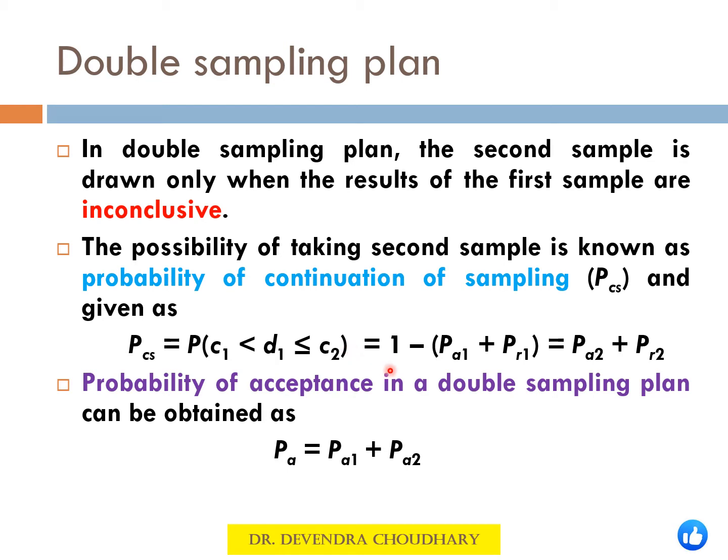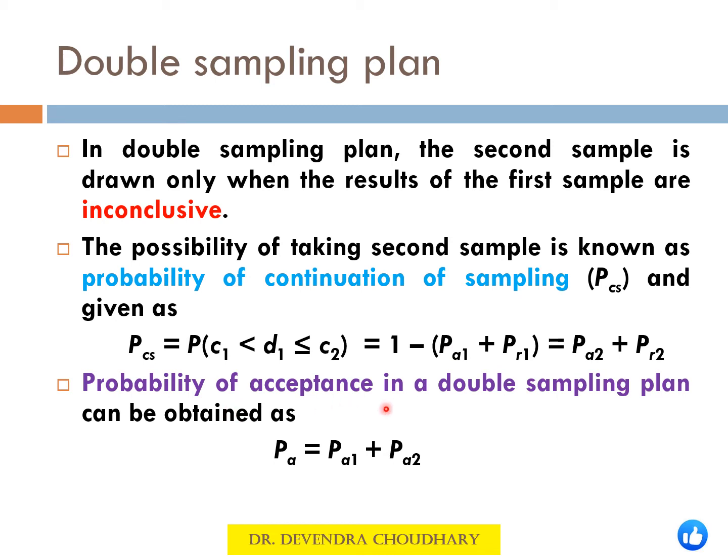So it can also be written as 1 minus (PA1 plus PR1), which equals PA2 plus PR2, because these 4 events are mutually exclusive and their sum is equal to 1.